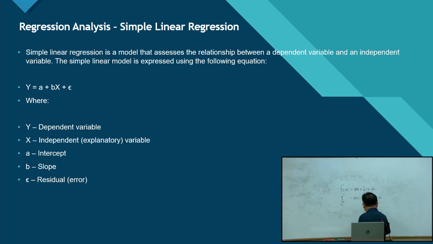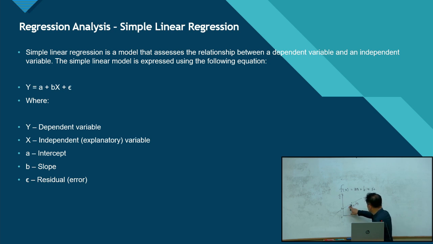So let me show you the graph here, x and y. This is y = ax + b + epsilon. It shows the graph as is. What is this? This is b, the slope. Slope is delta y over delta x.